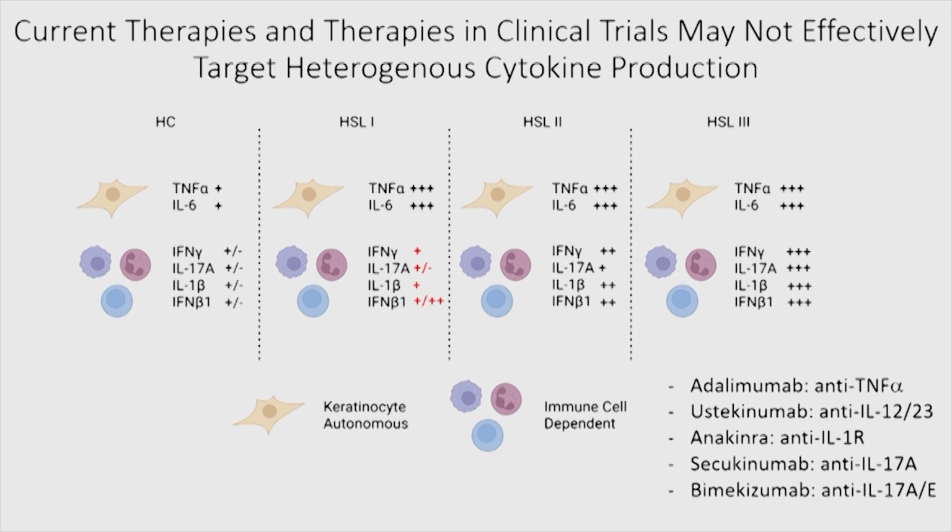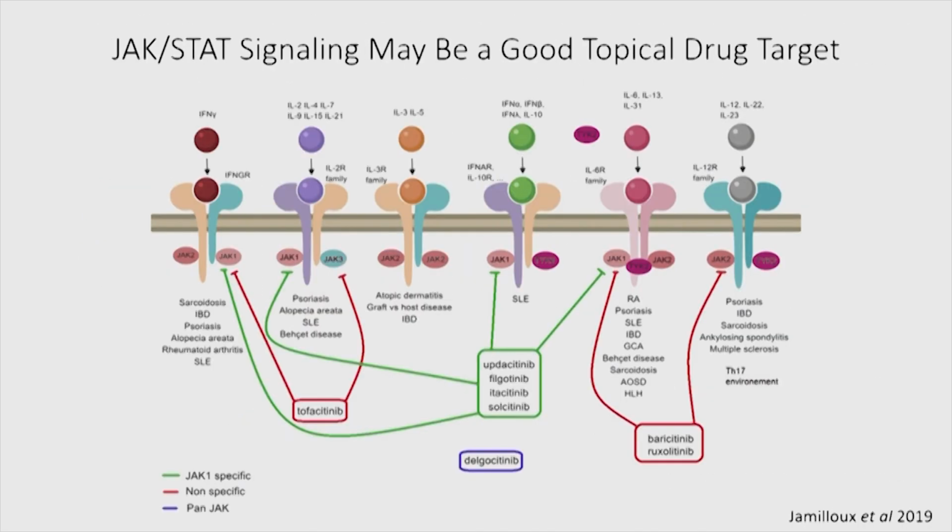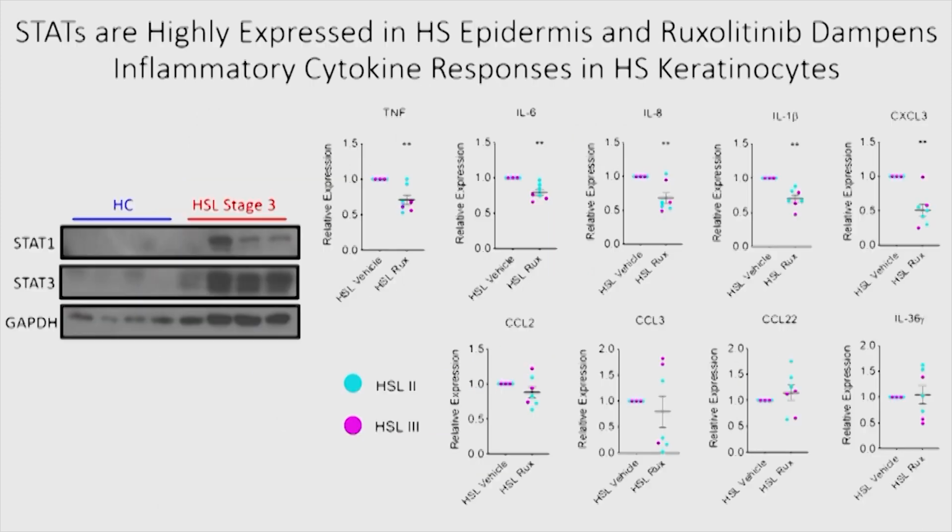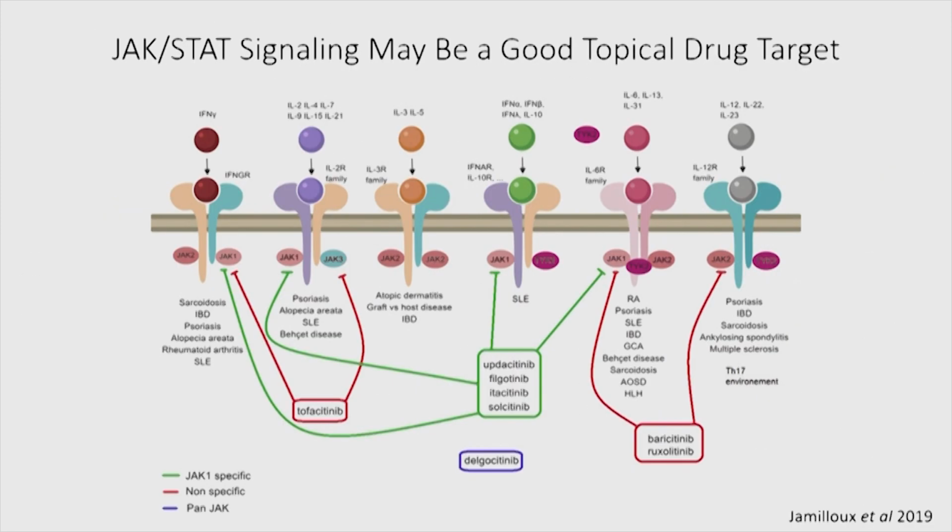And that brings us to the JAK-STAT signaling pathway here. So JAK-STAT signaling could potentially be a topical drug target based on our data, and I'm going to get into that in a minute. But JAK-STAT signaling has been targeted in other dermatological conditions, which are outlined here.